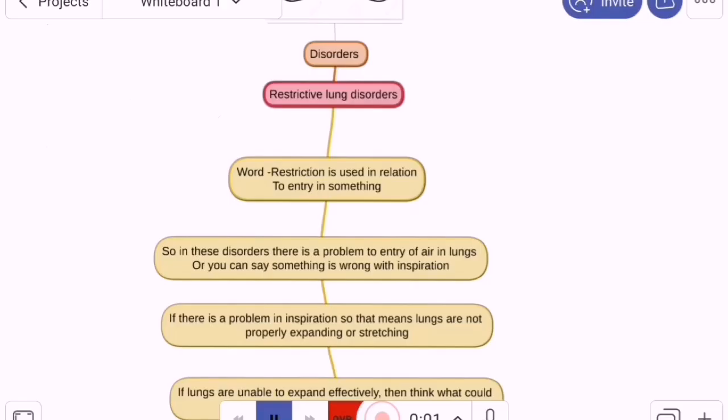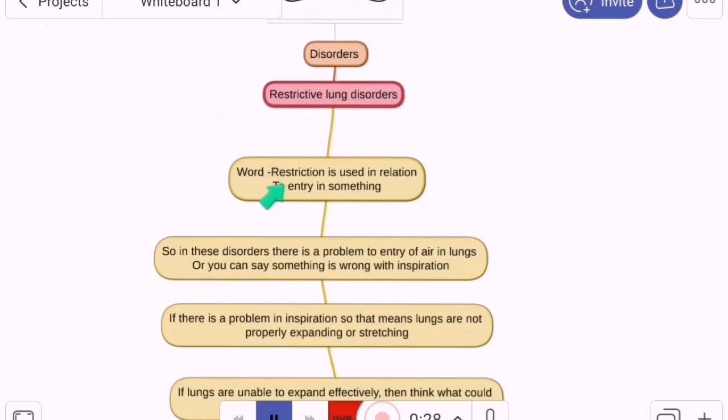So, let's learn about the disease with respect to compliance. Now, when we learn about the disorders of respiration, there are basically two types of disorder. There are restrictive lung disorders and another one is obstructive lung disorders. Right? Let's first learn about the restrictive lung disorders.